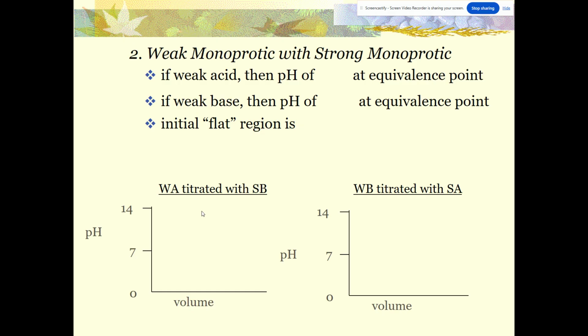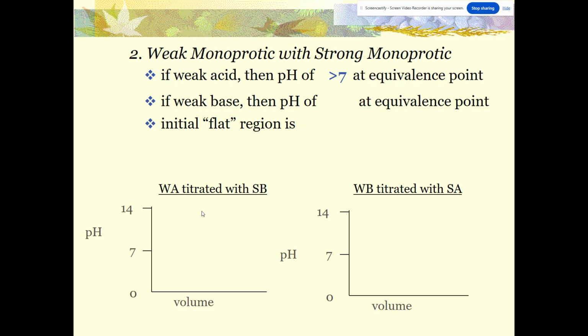Now, what if you have weak? If you have a weak acid, remember my titrant is always a strong base. So the strong base kind of takes over and makes the pH go higher. So it's a little bit higher than 7, maybe 8 or 9 at the equivalence point. And if you have a weak base with a strong acid, again, your titrant will always be a strong acid or strong base.